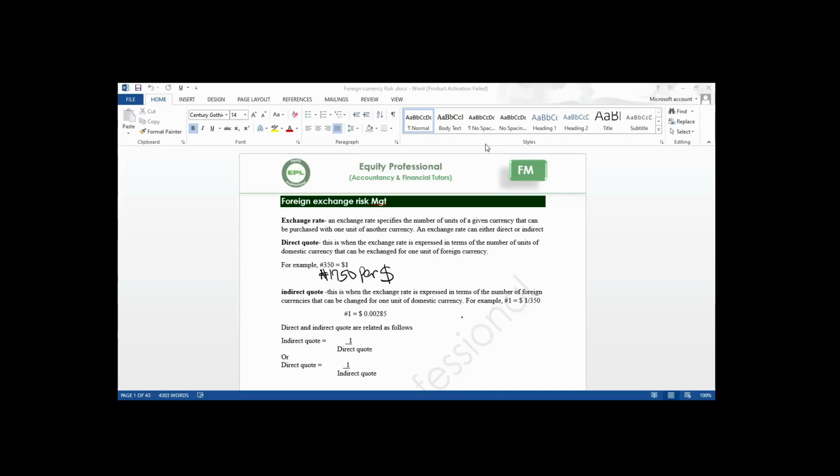These exchange rates can be quoted either direct or indirect.